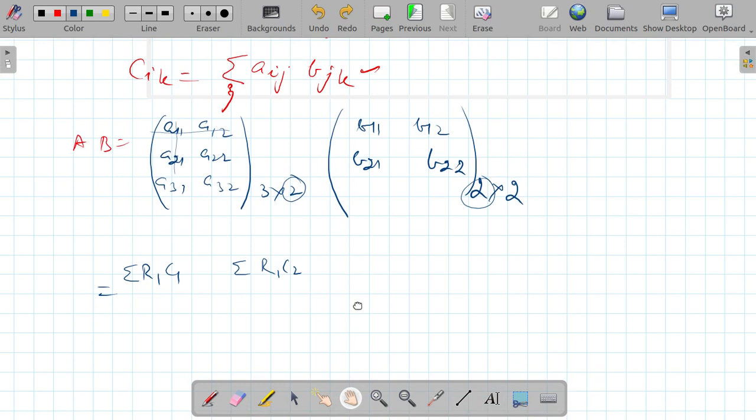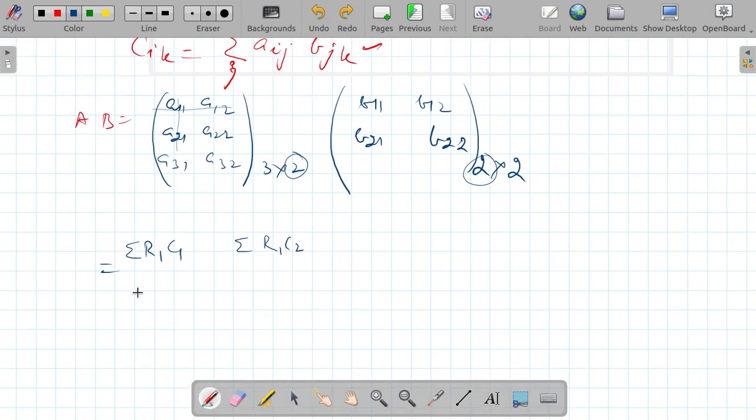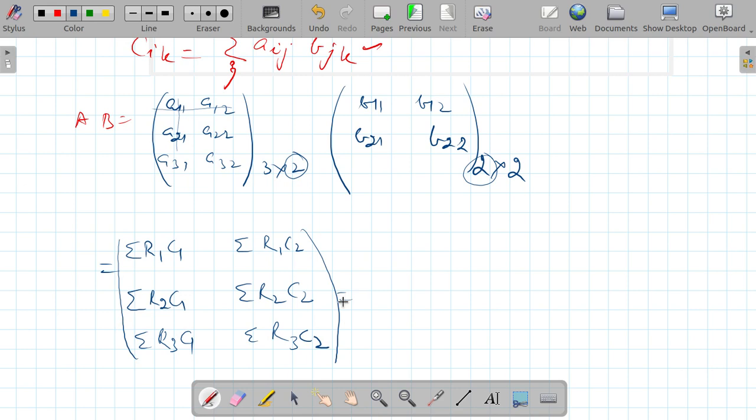Similarly, I can write down R2, second row first column, second row second column, and here I can write down the third row and the first column, and so on, right? So this is their product. It can be written in this form.